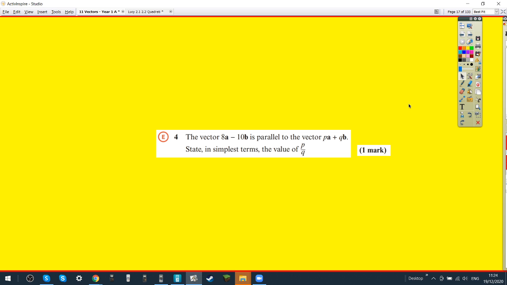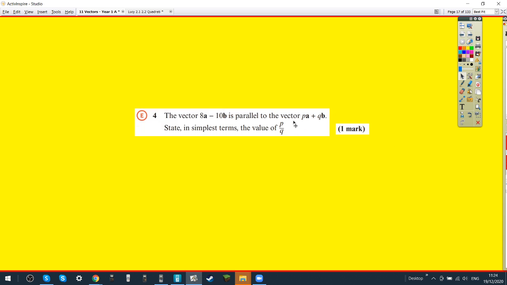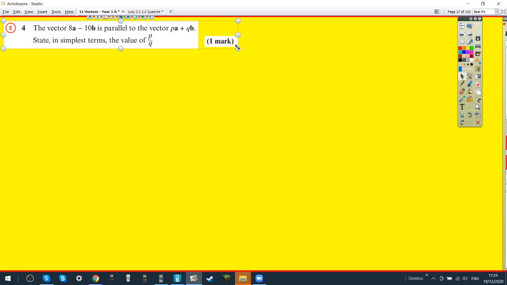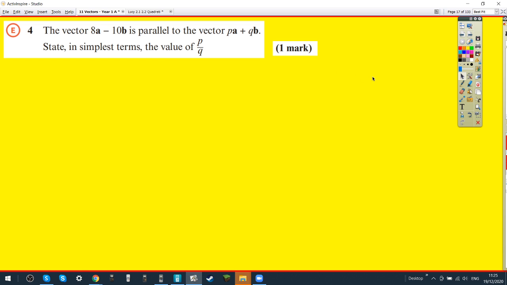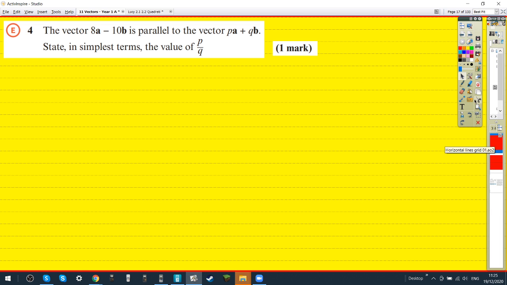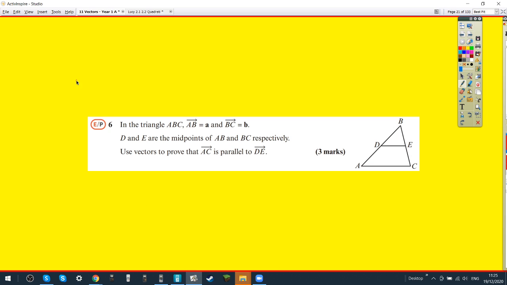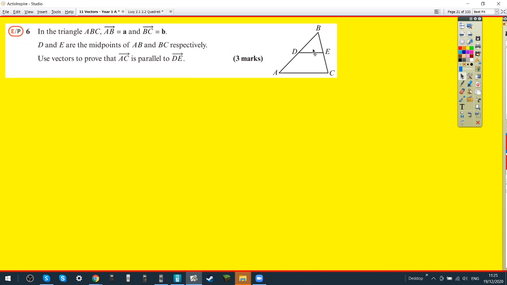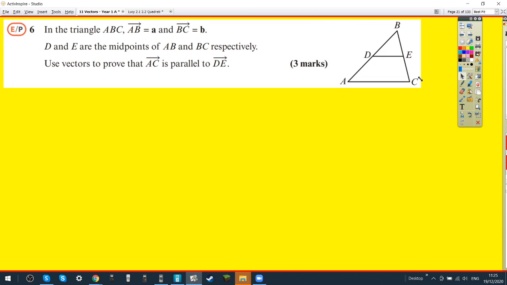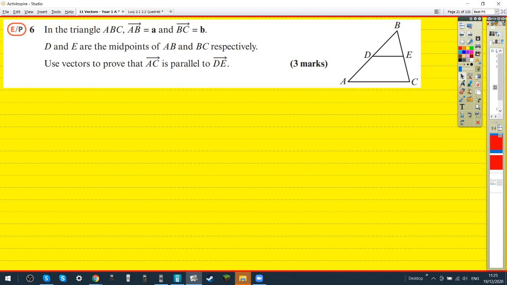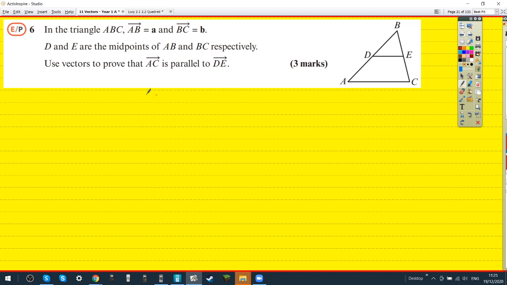Alright, let's try this parallel stuff. I'm going to make a judgment call and say it's going to be easier to do some higher mark question. Okay, let's give this a go. I might come back to that one.